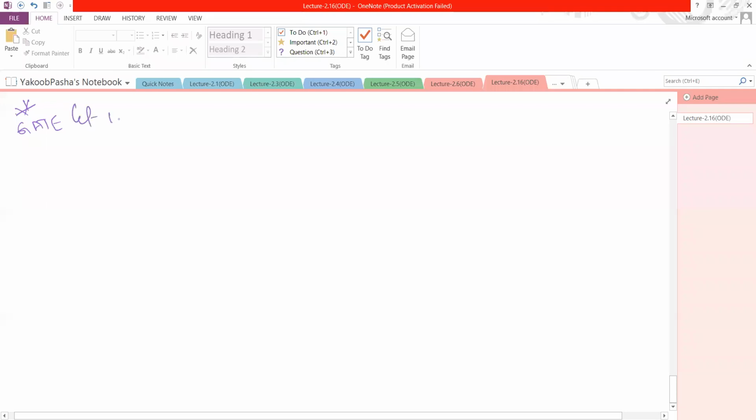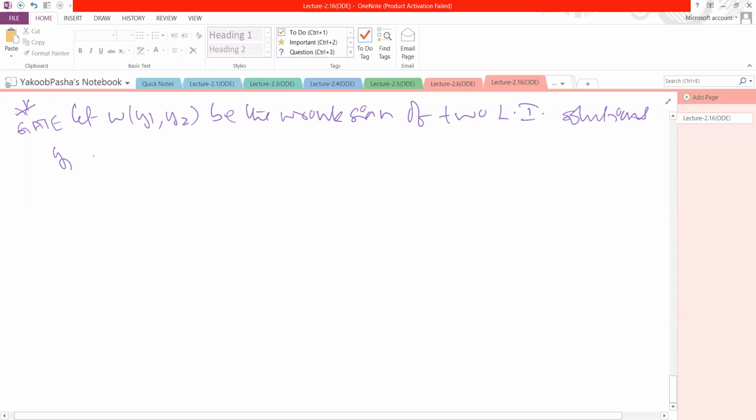Let the Wronskian of y1 comma y2 be the Wronskian of two linearly independent solutions y1 and y2 of the second order linear equation y double dash plus p of x into y dash plus q of x into y is equal to 0.